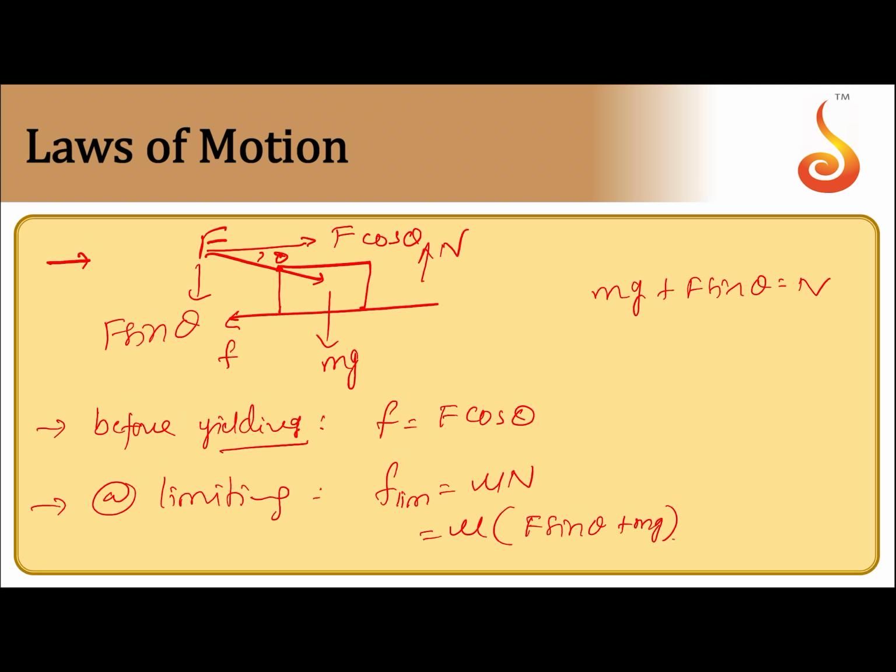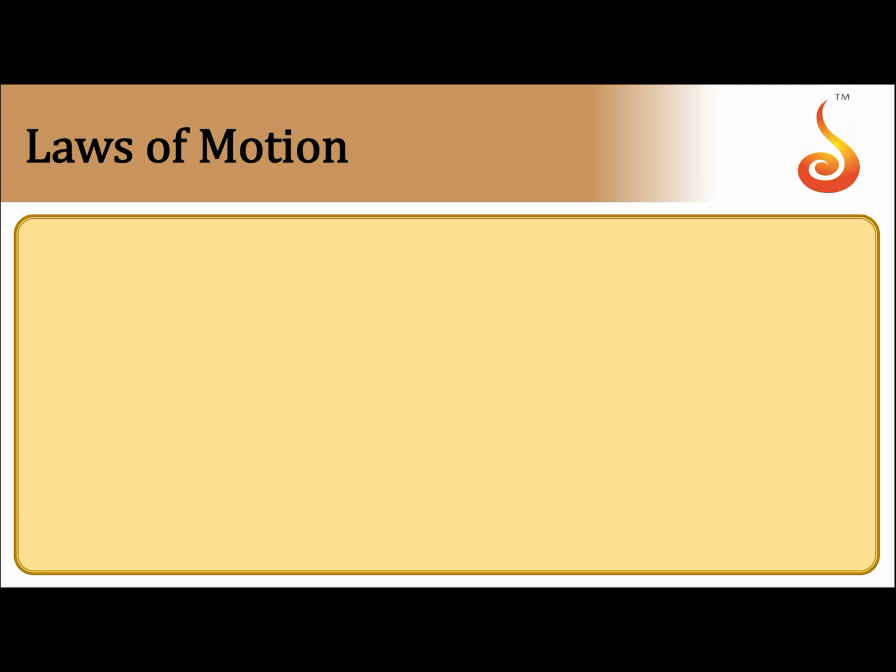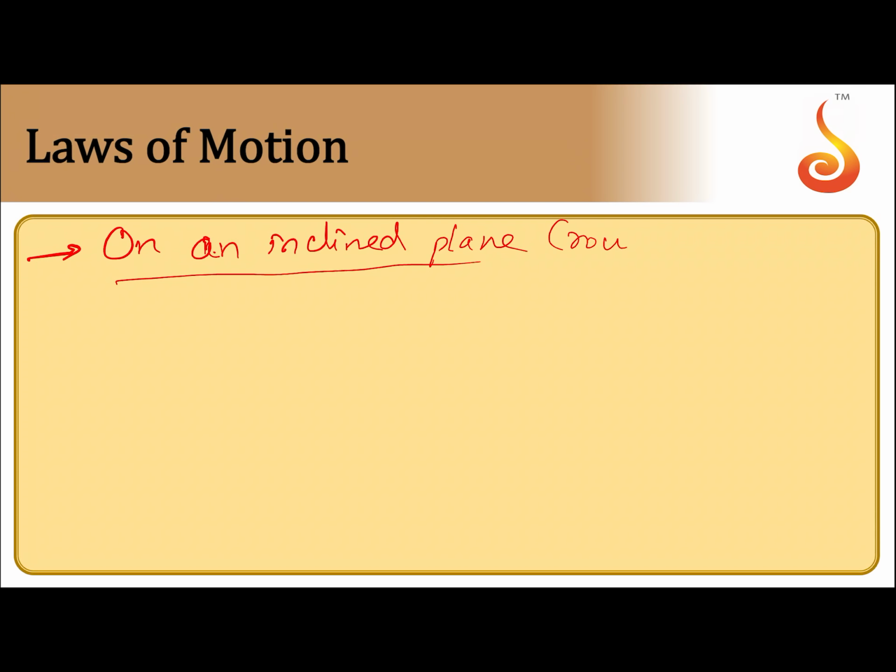Simple cases, of course, for an object which is moving on a horizontal surface. What if I consider it on an inclined plane? Earlier we considered a smooth inclined plane; this time we will consider a rough inclined plane.